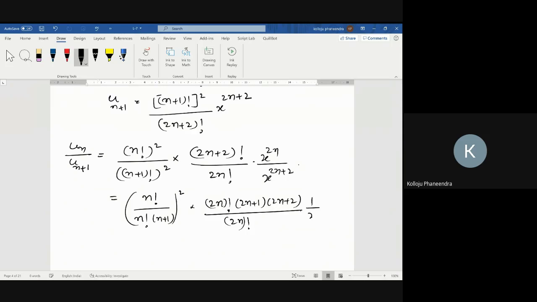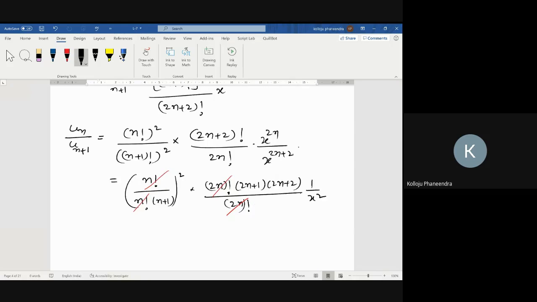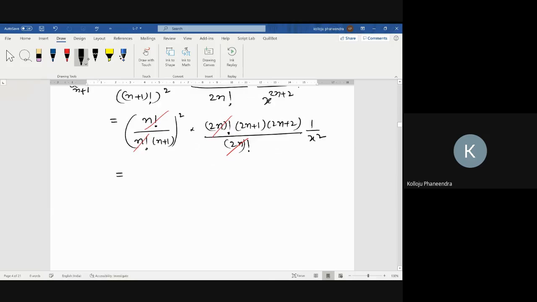And this is 1 by x square. Which terms are getting cancelled? n factorial cancelled, 2n factorial cancelled. Now, this is 1 by n plus 1 whole square. Here, take n common in this term, n common in this term. So outside n square, 2 plus 1 by n, 2 plus 2 by n into 1 by x square.